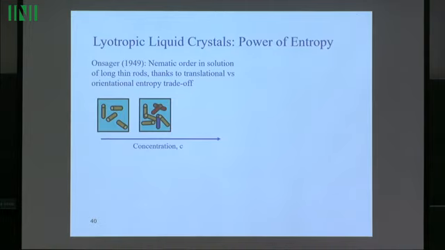His reasoning was that the balance of entropies associated with translational and orientational order should lead to nematic ordering if the concentration is high. What I show here is the dispersion of rod-like objects in water.